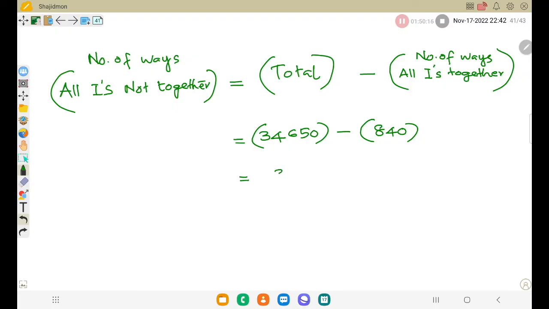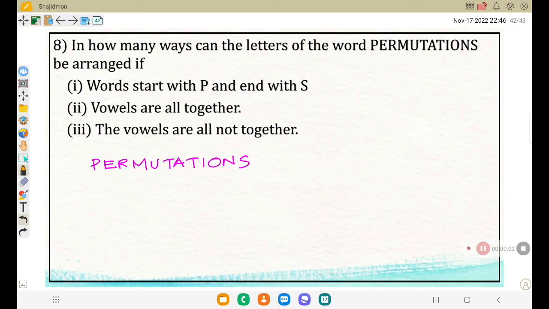Subtraction gives 33810. All I's are not together, this many ways we can arrange, 33810 ways. So this is our answer. So whenever we are asked for not together, we take together, and we calculate the total, then total minus together gives the not together options. Hope you understood.